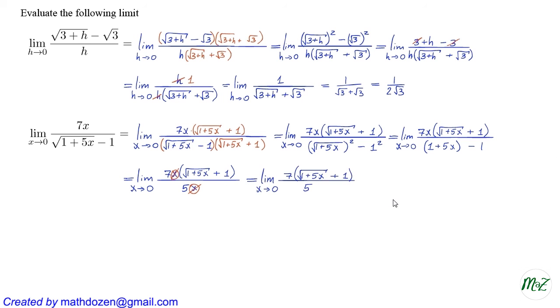And now we have the limit as x approaches 0 of 7 times this long parentheses divided by 5. And if we plug in x equals 0, we no longer have division by 0 issue. So plugging in x equals 0 gives us 7 times 2 divided by 5. So this ends up being 14 over 5. So that's the value of the original limit, 14 over 5.